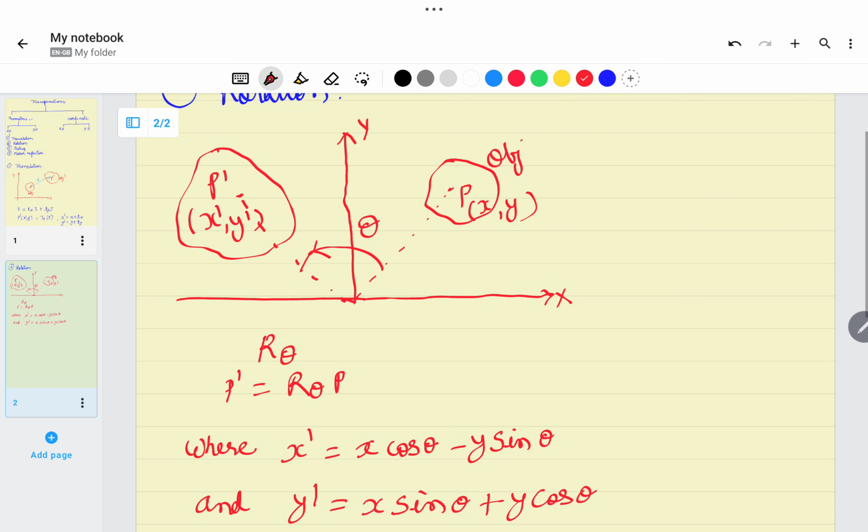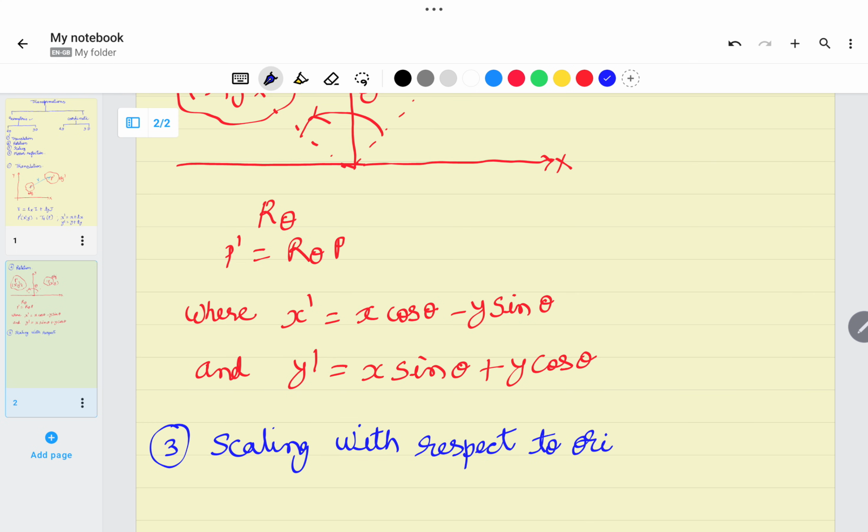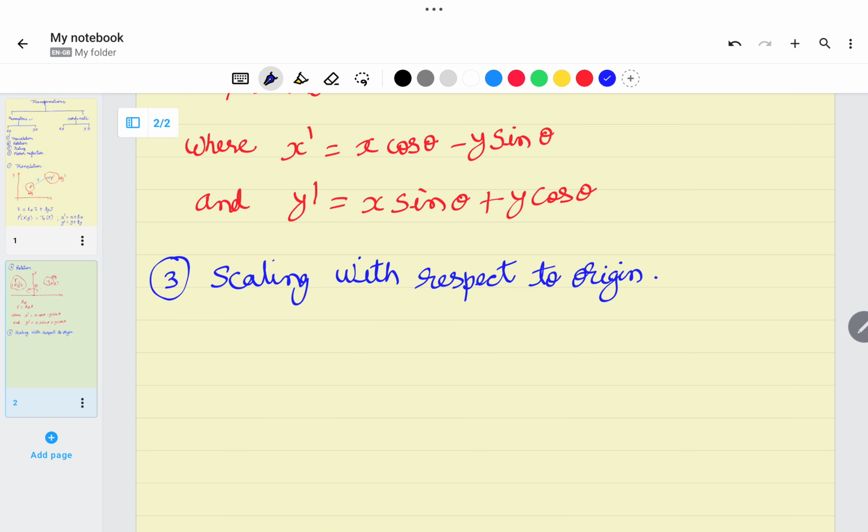Let us learn about the third transformation, that is scaling, with respect to origin.